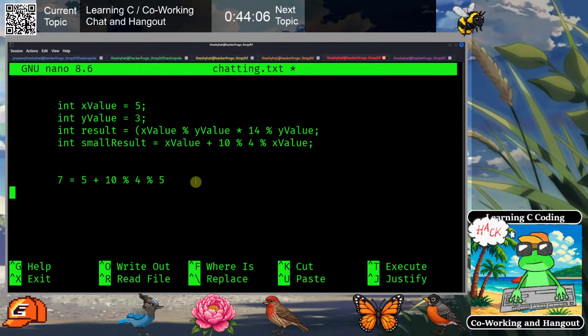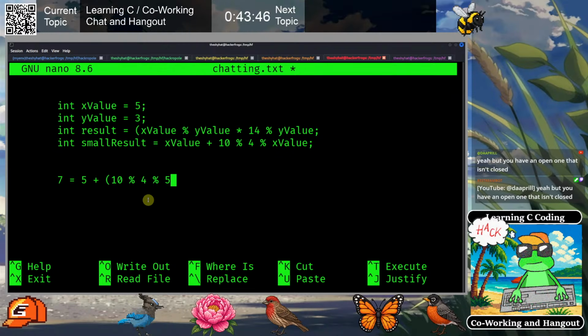And we need to find something that results in the number 7. 7 modulo... So 5 plus 10 isn't going to work. So we can't do it this way. It has to be 5 plus 2. So whatever's on this side has to result in 2, because we need to add 5. So 5 plus 2 on this side.